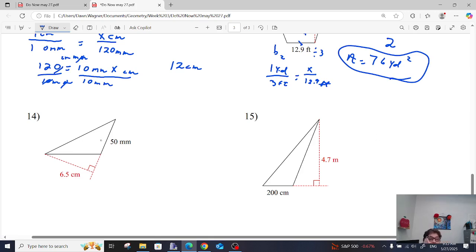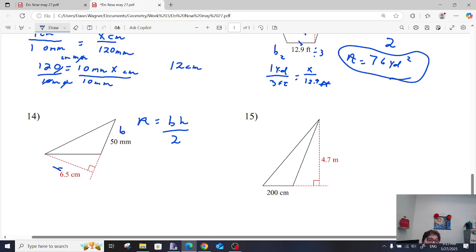So here, what shape is this? Triangle. And what's the area formula for a triangle? A equals base times height divided by 2, where your base and height is where your right angle is. So this would be the height, this would be the base.